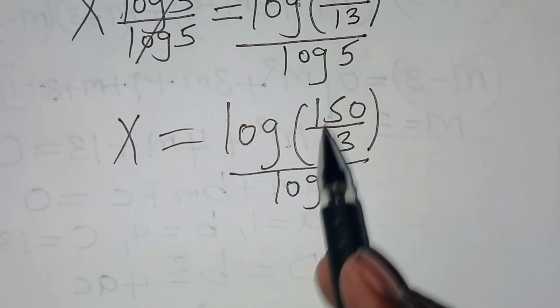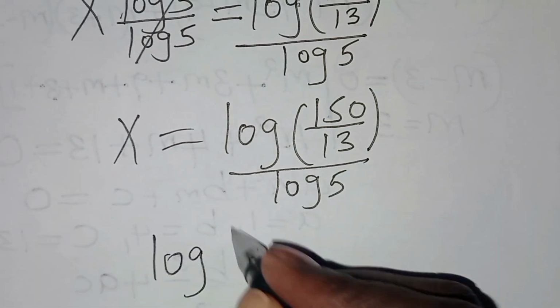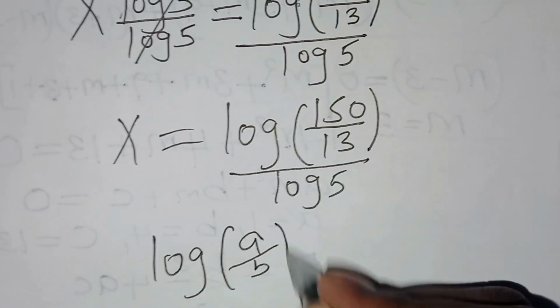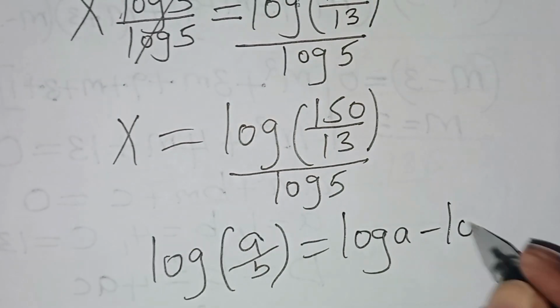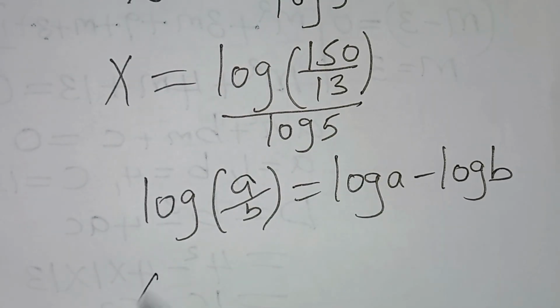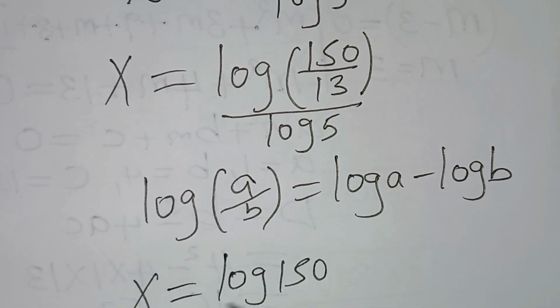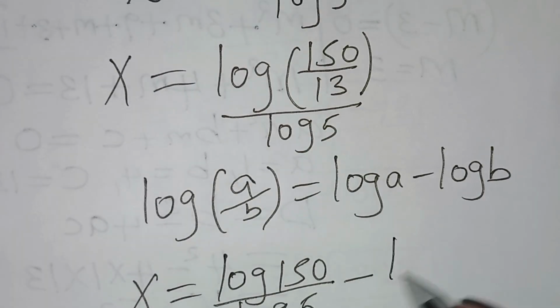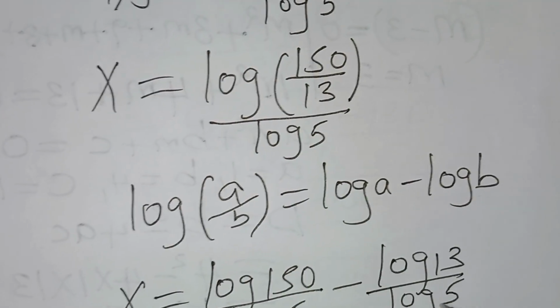Now we find that log 150 divided by 13, this is in the form of log a divided by b, which you can express as log a subtract log b. So applying this property, then x is equal to log 150 divided by log 5 subtract log 13 divided by log 5.